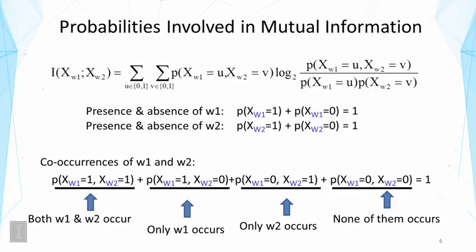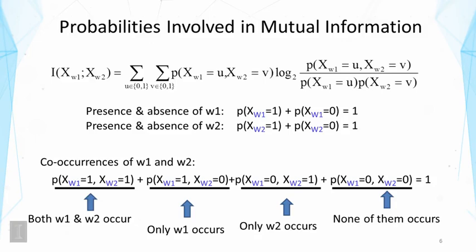So now let's further look at exactly what probabilities are involved in this formula of mutual information. Here I listed all the probabilities involved, and it's easy for you to verify that. Basically, we have first two probabilities corresponding to the presence or absence of each word.